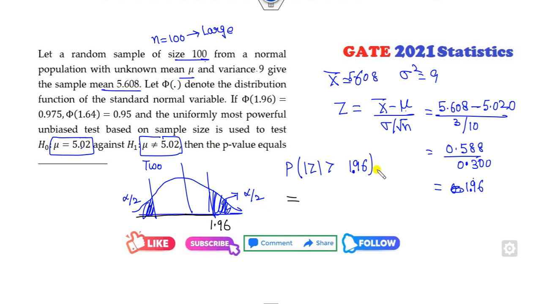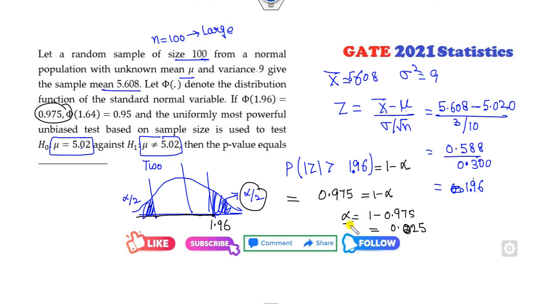It's alpha by 2. This number is 1 minus alpha, so 0.975 is 1 minus alpha, so alpha will be 1 minus 0.975, that means 0.025. Now since it's a two tail, it is alpha by 2, so alpha by 2 is 0.025, so alpha will be 0.05, which is the right answer of this problem.